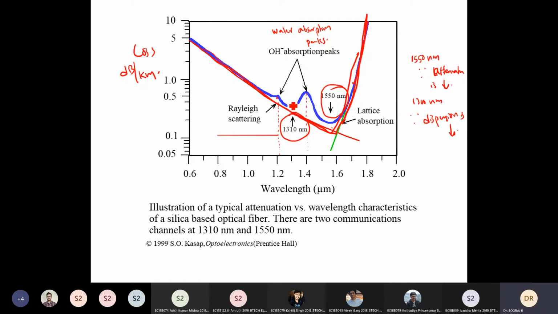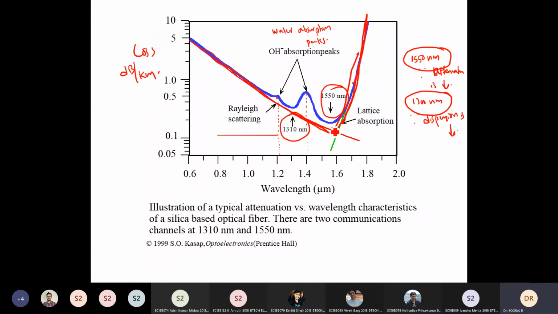However, it's preferred for some other reason. We'll see that later, but at this wavelength, the dispersion in optical fiber is the least. So traditionally, 1550 nanometer is important because the attenuation is the least. 1300 nanometer is important because the dispersion is the least.